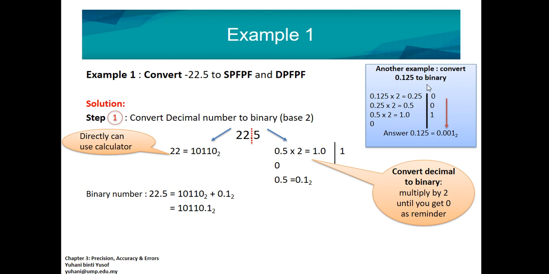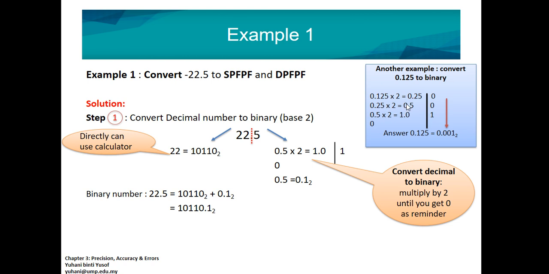To ensure that you understand, here is another example: if you want to convert 0.125 to binary, you just multiply 0.125 by 2, so you get 0.25, so the integer is 0, so the remainder is still 0.25 because 0.25 minus 0 is 0.25. Again, since it's not 0, you need to multiply by 2, so you get 0.5.